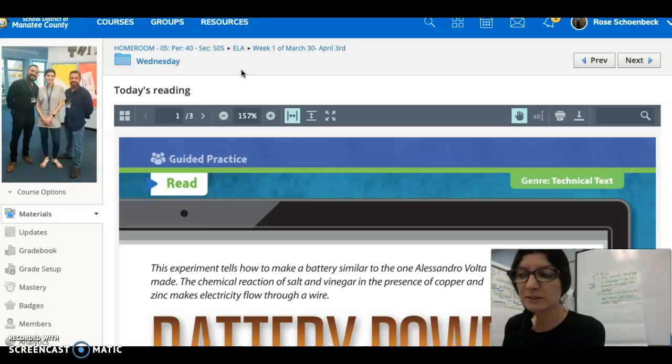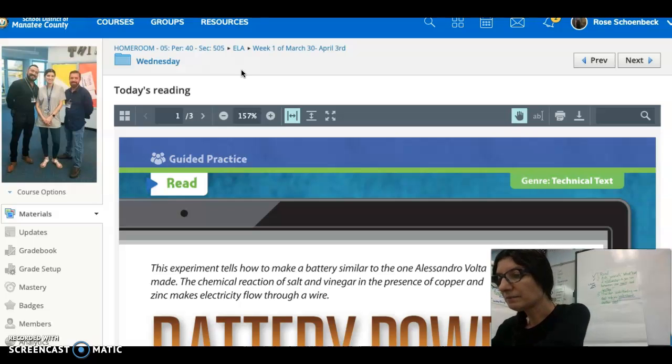Remember, this is our technical text, and we found out that this technical text summarized an experiment and explained how the experiment went. So the purpose was to create a working battery, and it is successful because the battery caused the needle of the compass to move.